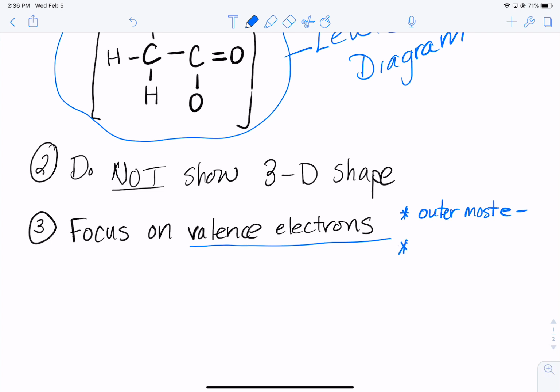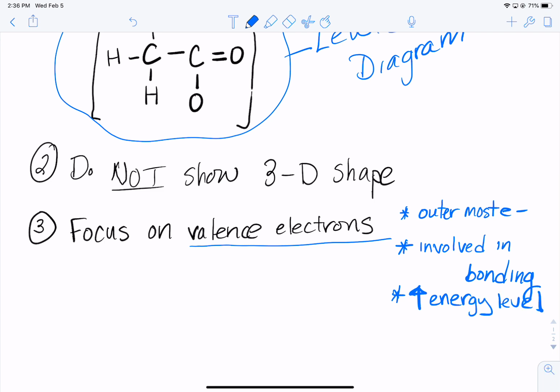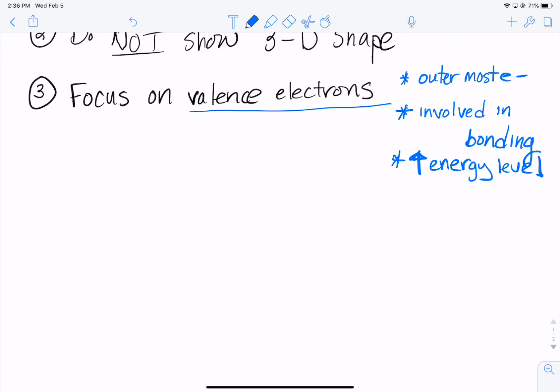They are involved in bonding. We'll come back to bonding. And then finally, they're the outermost electrons because they are at the highest energy level. So let me remind you what I mean by that.